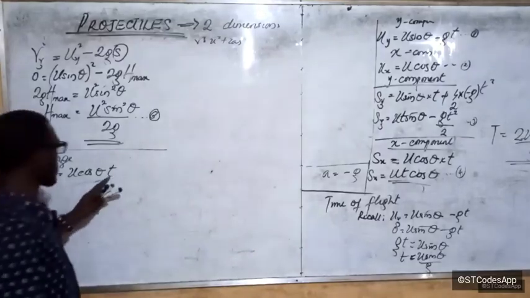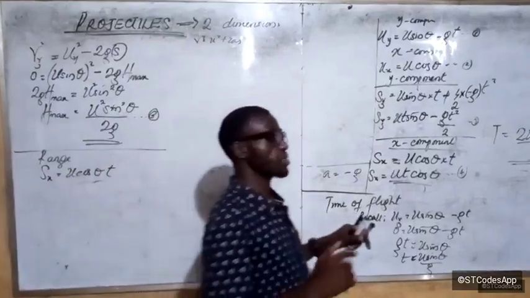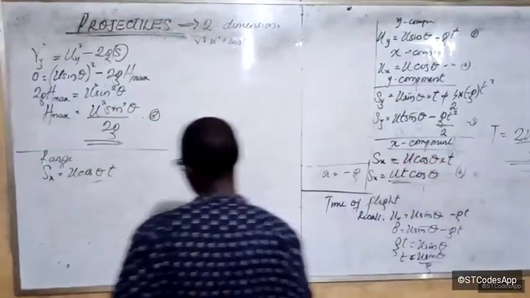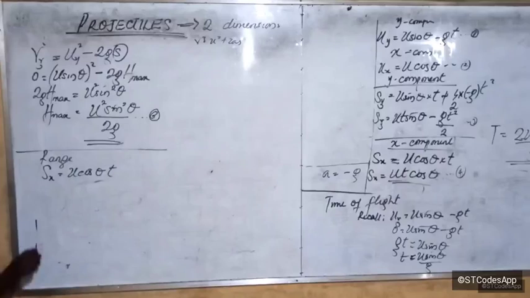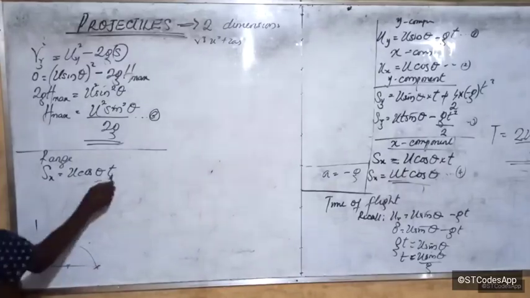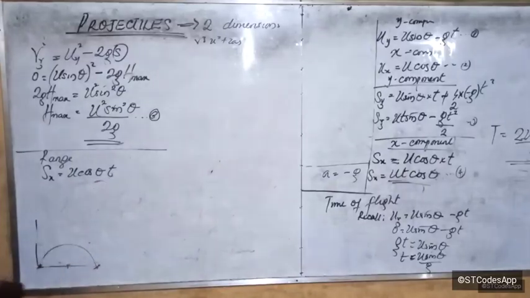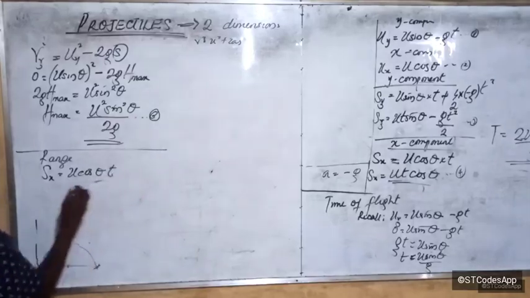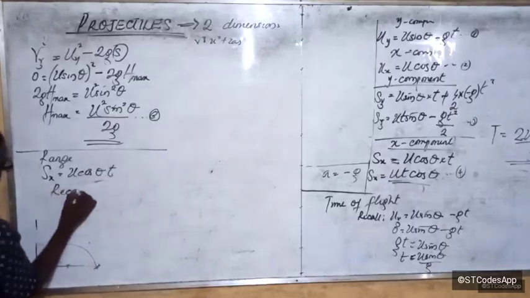So you remember that time of flight is the total time it took from the beginning of the path of the movement, so from beginning here to the end. So that's total time of flight. So for our maximum range from here to here, this t will be the time taken to move from here to here. Is that okay? So which is going to be the total time of flight.